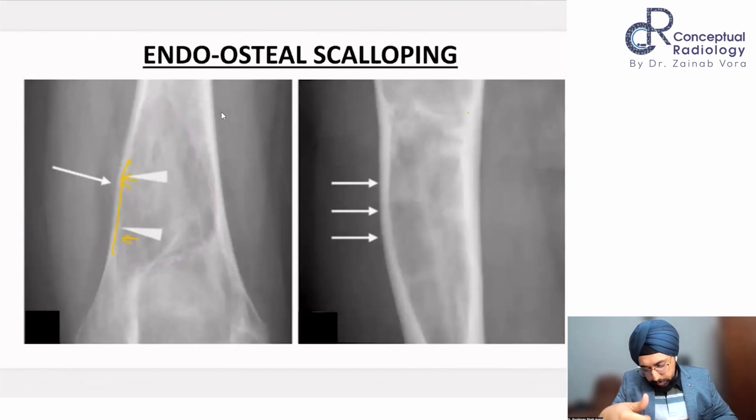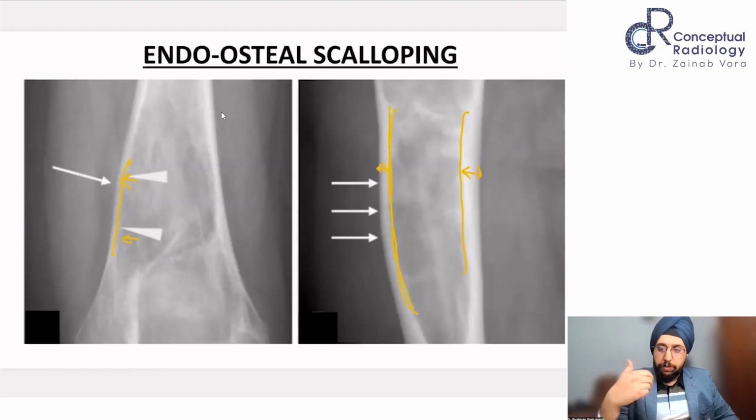Okay, like this. I suppose this is a case of fibrous dysplasia. So this is a normally thickened cortex. On this side, you see the cortex is thinned from the inside maximally. So this is diffuse endosteal scalloping, or you can say diffuse endosteal thinning. And this is your focal endosteal scalloping.